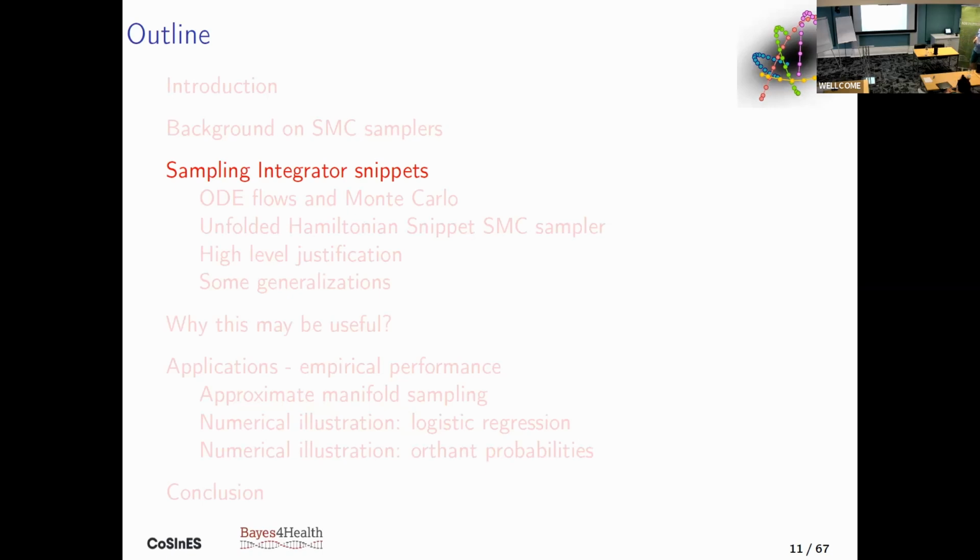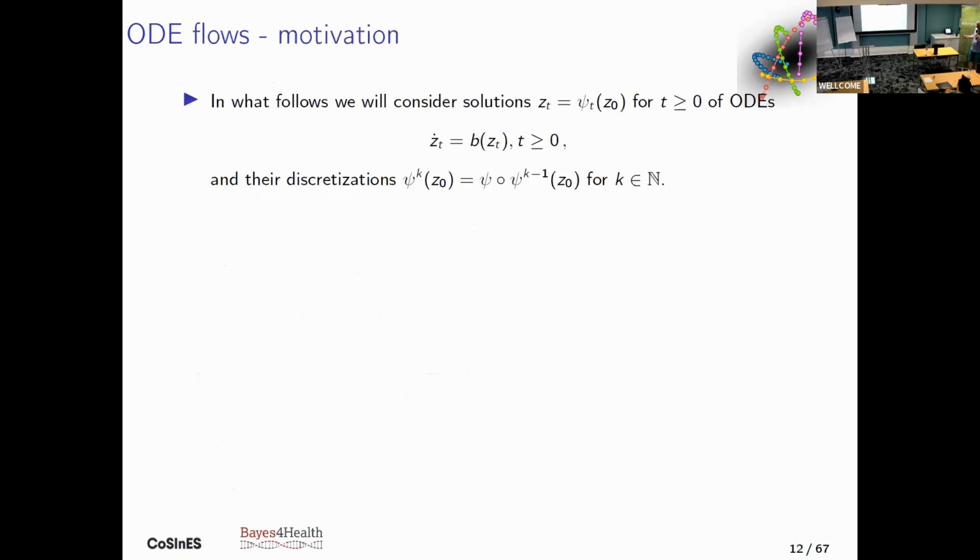One could even argue that most Monte Carlo algorithms rely on the discretization of ODEs, at least Markov chain Monte Carlo methods. We all know what ODEs are about, but here I'm going to consider a general ODE to start with, something of this form with a field.